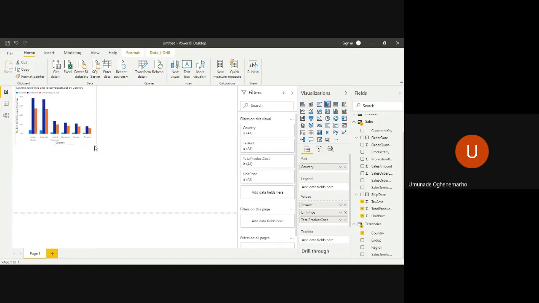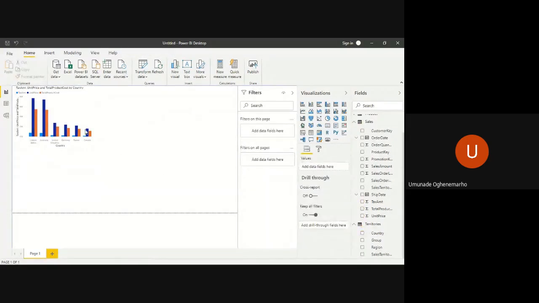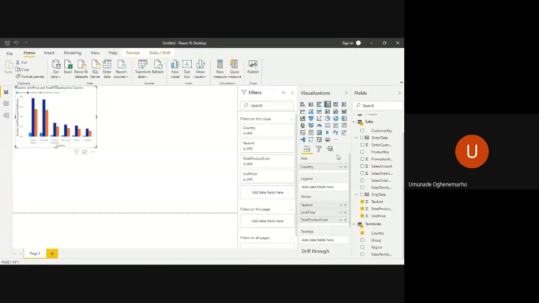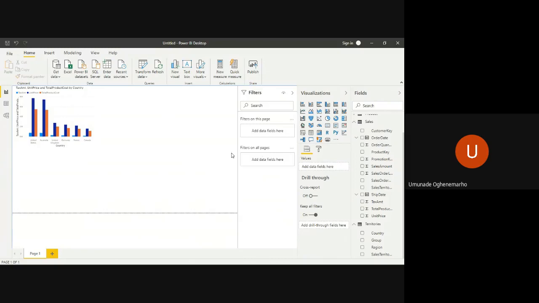You can enlarge it, make it clearer. Next, remember to always click the empty report page to unselect this. If not, your visual is always going to be selected. Whatever changes you make, even if it's by mistake, will automatically be made.